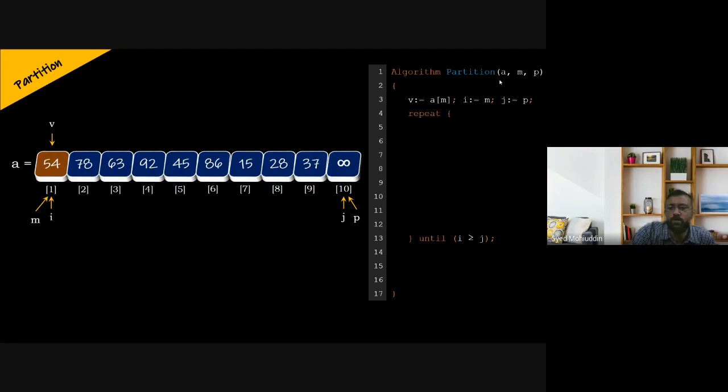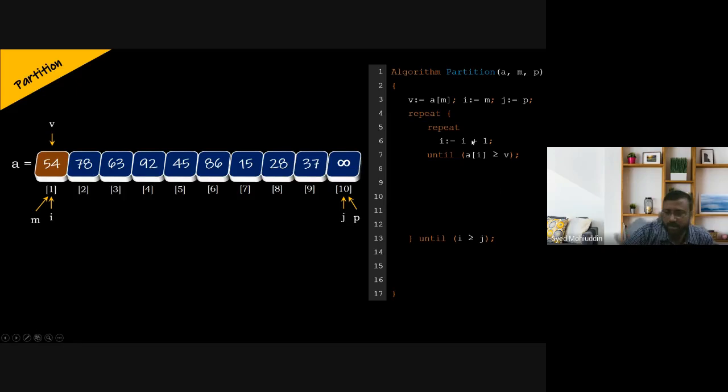In this loop we move I towards right and j towards left, as we have seen just now. This has to be done until I becomes greater than or equal to j. So when I crosses j, this movement of I and j should stop.